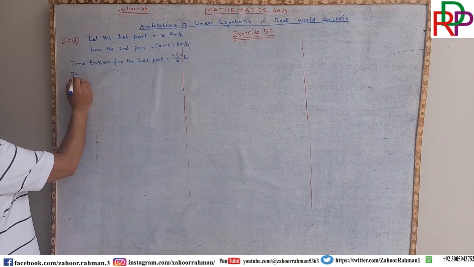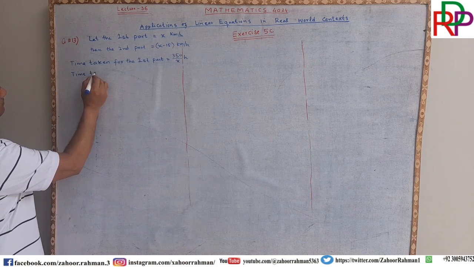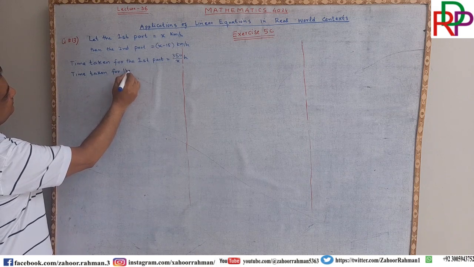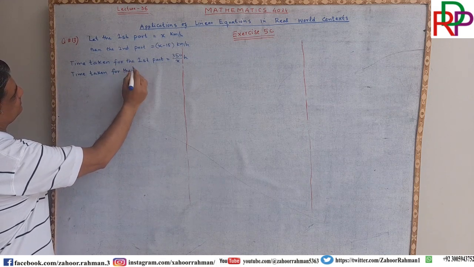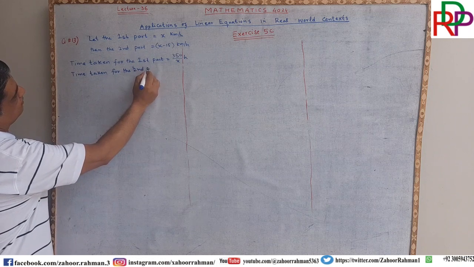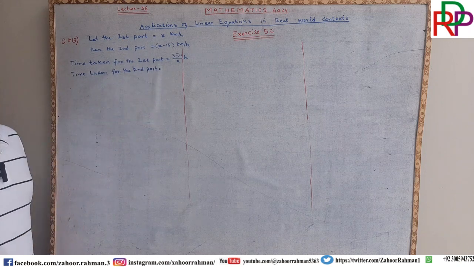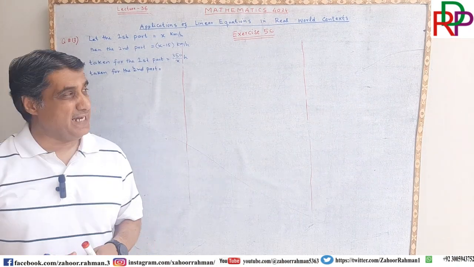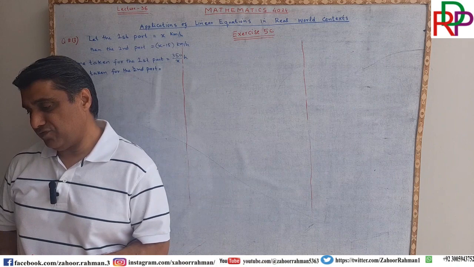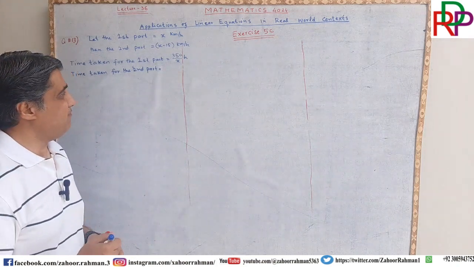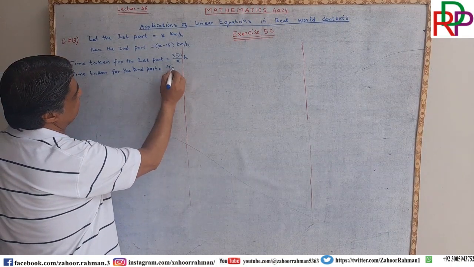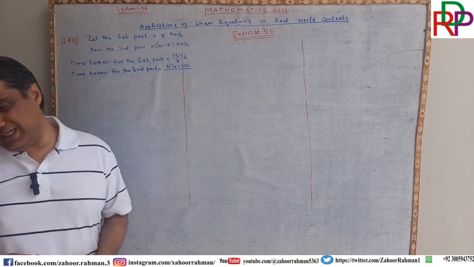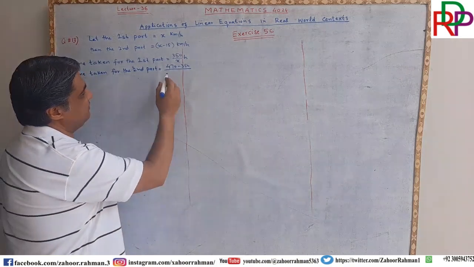Time taken for the second part is equal to 470 minus 350 divided by x minus 15.